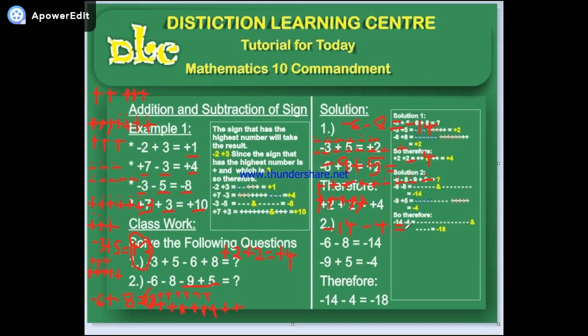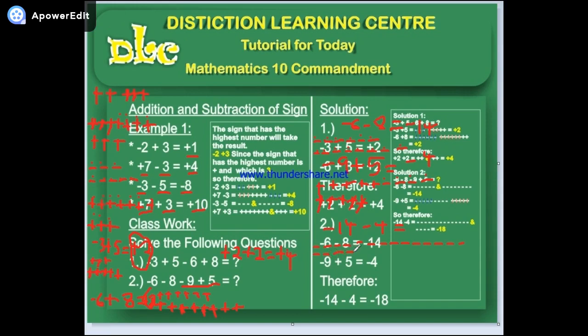So we do it the way we have been doing it. We count 14 minus: 1, 2, 3, 4, 5, 6, 7, 8, 9, 10, 11, 12, 13, 14, and minus 4: 1, 2, 3, 4.